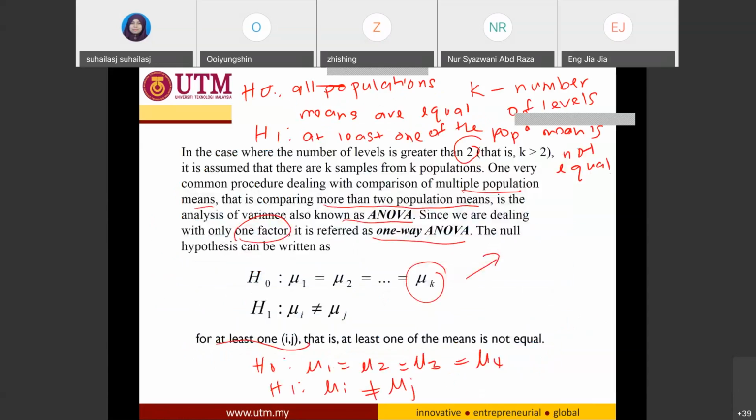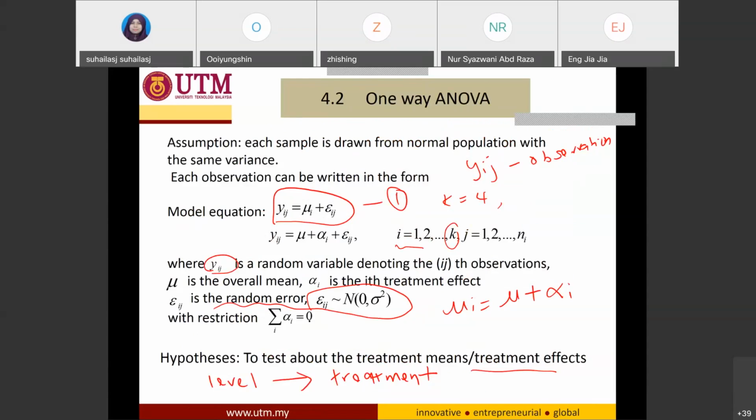Okay. When we model the analysis of variance, we have the model equation Yij equals mu i plus Eij. So your mu i is your mean for each treatment. You can write mu i in terms of mu plus alpha i plus Eij. So Yij is your observation, mu is your overall mean, or we call this the grand mean.